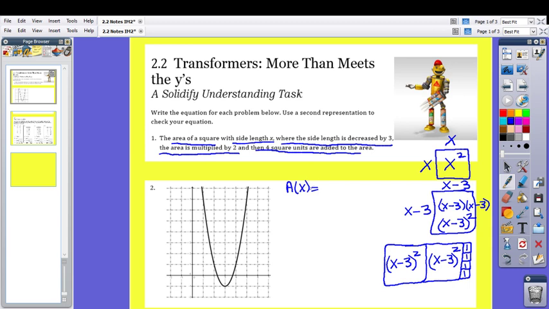So there are 2 of these, so 2 times (x take away 3) squared, and then there are 4 of these, so plus 4. So this is how you do it. So this is our first one.